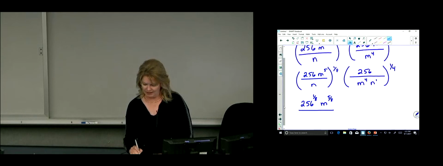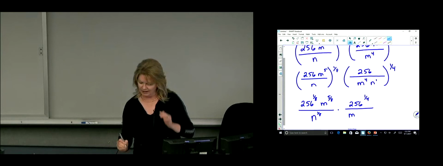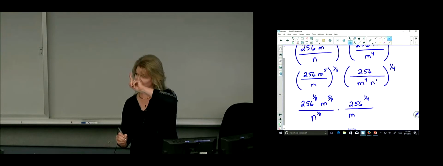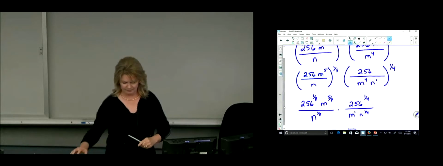My n, which has a 1, will now have a 1/8. Same thing over here. I'm going to have 256 to the 1/4, and then my m to the 1/4 will become m to the first power, and my n would become n to the 1/4.